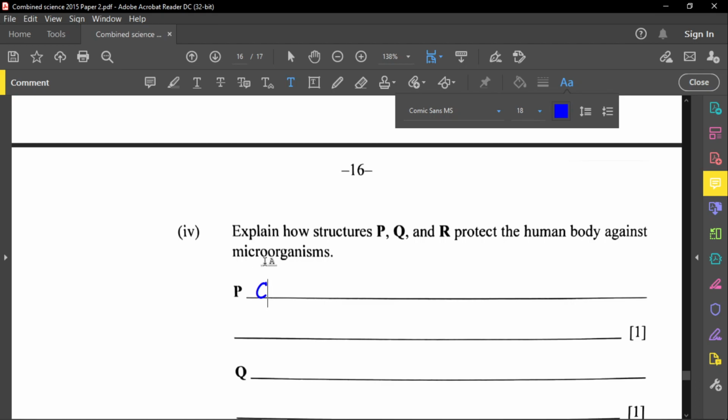So let's say right here, clotting the blood, causing the site of the wound to be closed, okay? Let me just write this short: clotting the blood and closing the site of the wound.